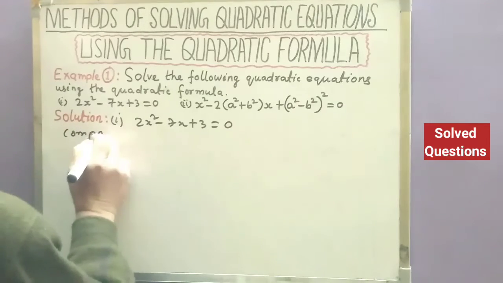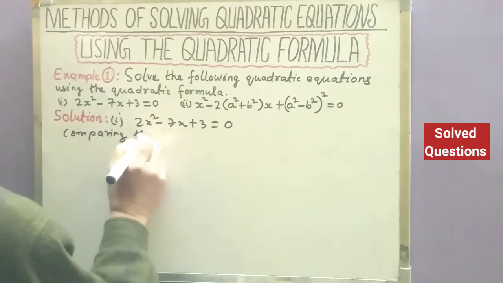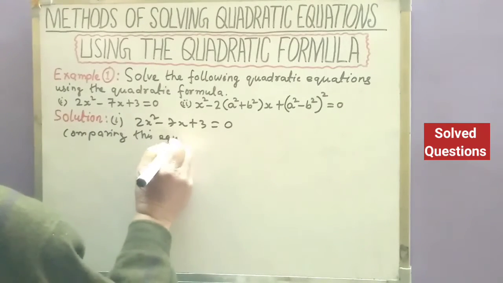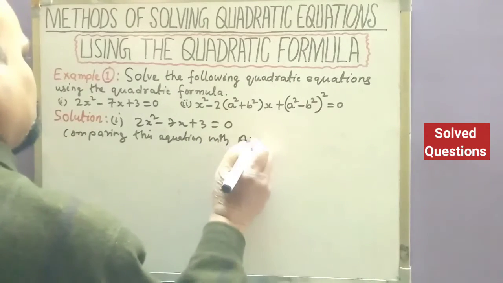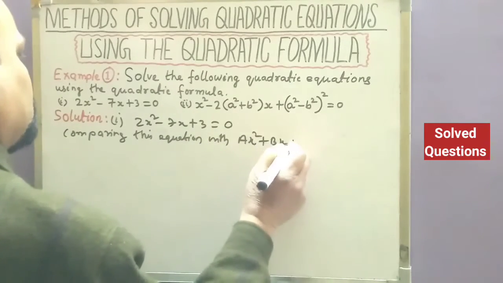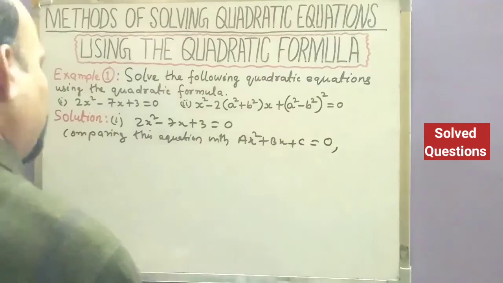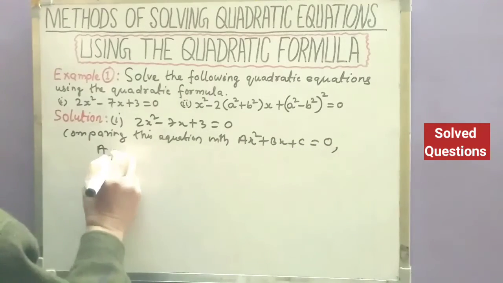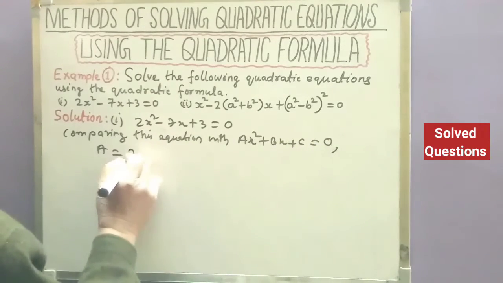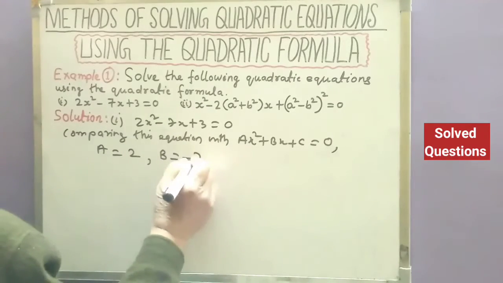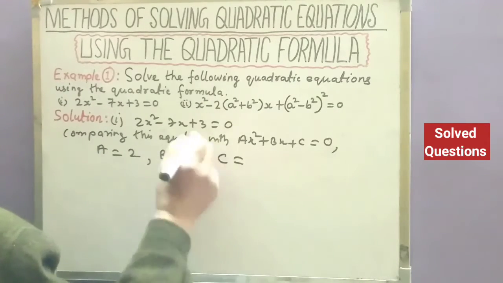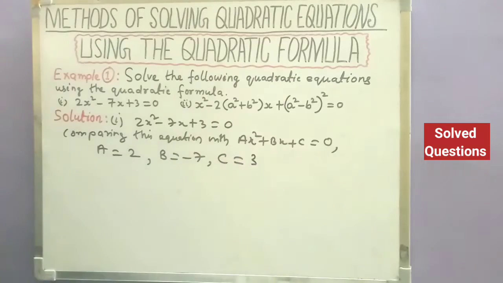Comparing this equation with ax² + bx + c = 0, we have a = 2, b = −7, c = 3.